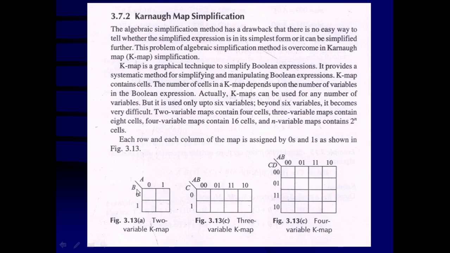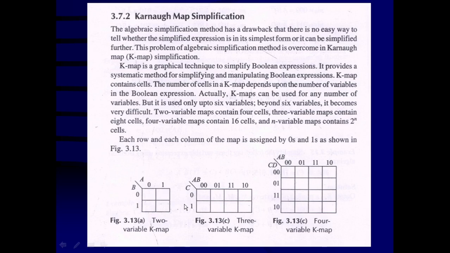The variable B is written on the left side, and variable B also has 0 followed by 1. So this is in the column, this is in the row, and the combinations are 0 0, then 0 1, then 1 0, and then 1 1. That means 4 cells exist here.